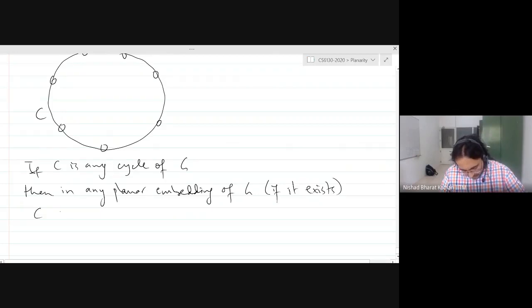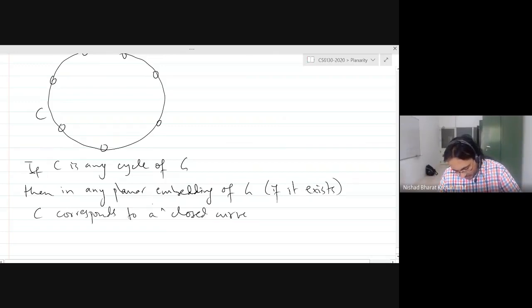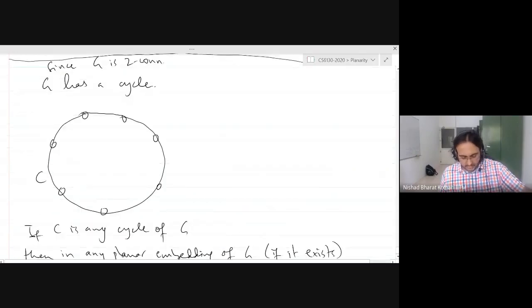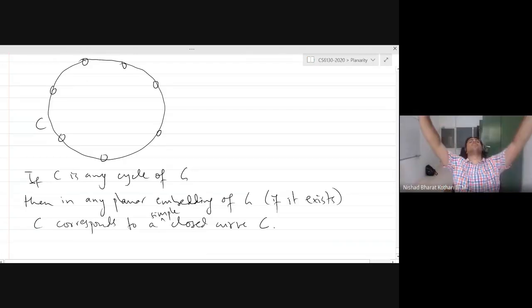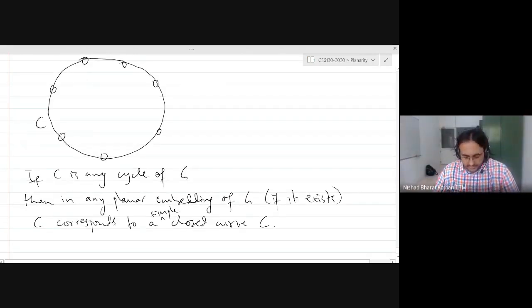C corresponds to a simple closed curve, and I will just use the same notation, C. Okay? Just to avoid too much notation and too much clutter in our notes. All right.